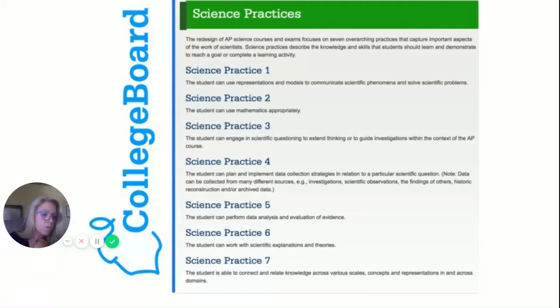All right, so the first one is about communicating with models. Just real briefly, I want to give you an example of a model. When we start talking about the cell cycle and the steps that it goes through, I will probably use a model representation to explain it to you. What happens when you go to an airport? How do you get on an airplane?